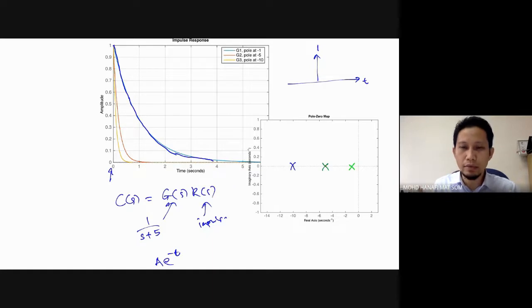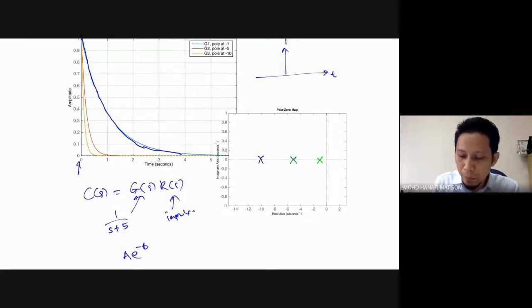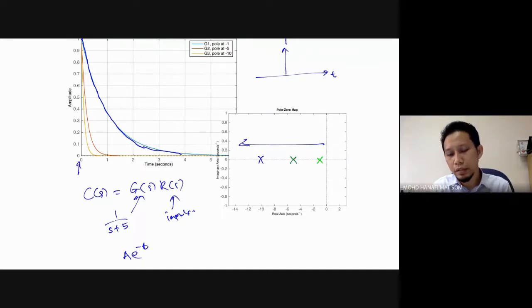So we can give a conclusion to this observation. We can say that as the pole is located further to the left of the S-plane, the rate of decay becomes faster, meaning it reaches the value of 0 faster if we put the pole location towards the left side of the S-plane. Any questions so far?